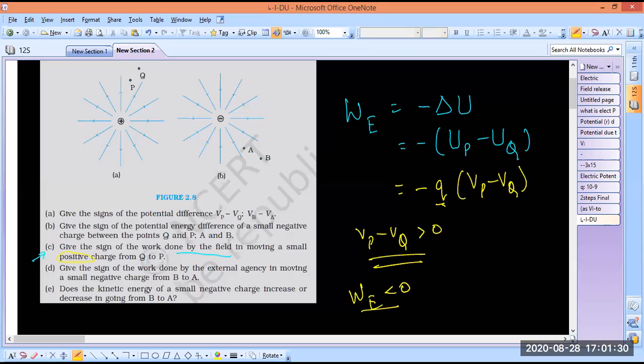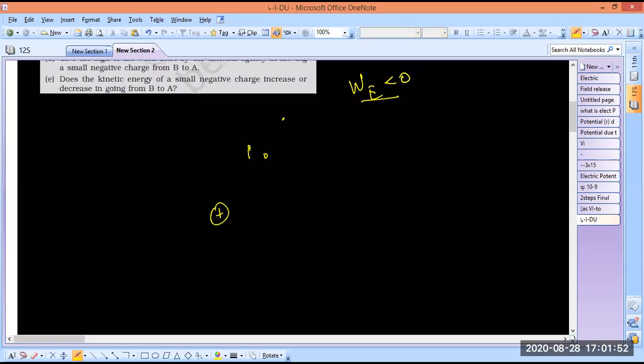There is also one more way. Listen to this method. We have to move the small positive charge from Q to P, right? So the electric field at this place is like this, and the displacement is in the opposite direction. Here is P, here is Q. You are moving this charge like this, but the electric force on the positive charge is in this direction.